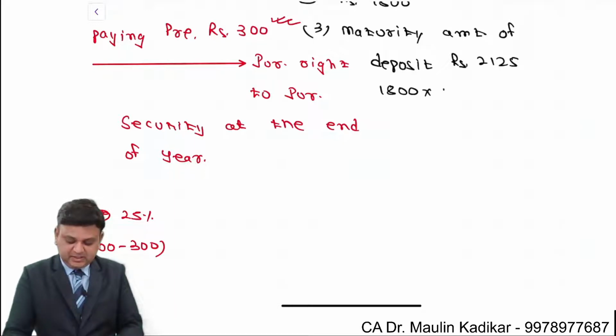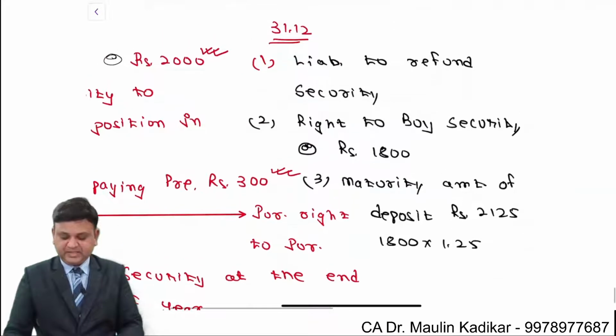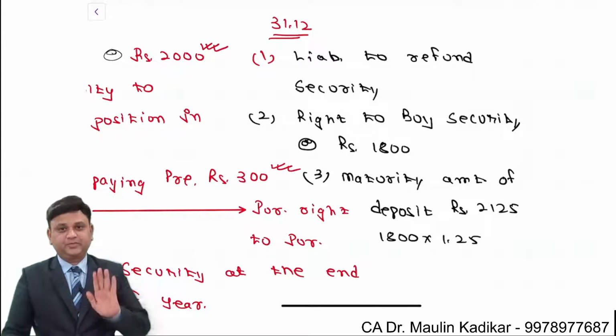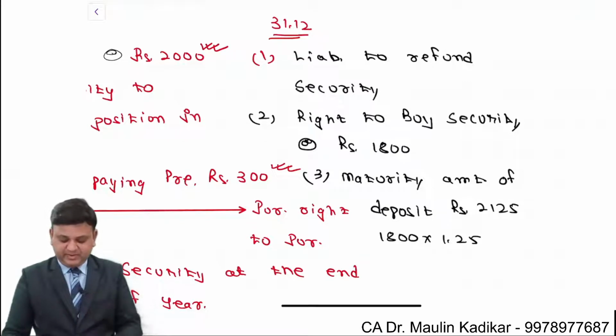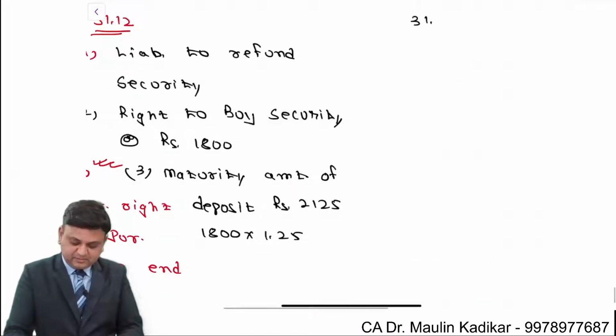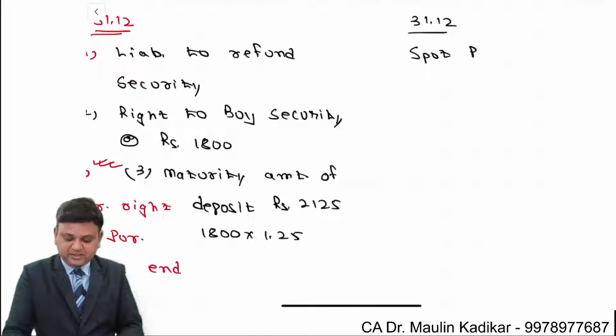It is 1800 into 1.25. That is the way we will have the maturity amount of deposit at the end of the year. Let me explain. Now on 31st of December, suppose the spot price of the security is rupees 10,000.